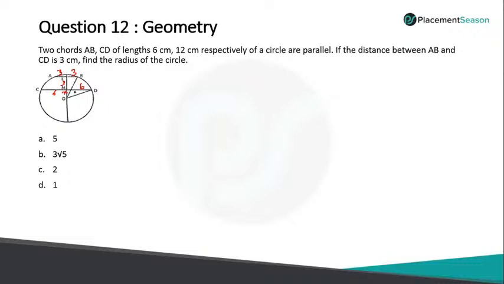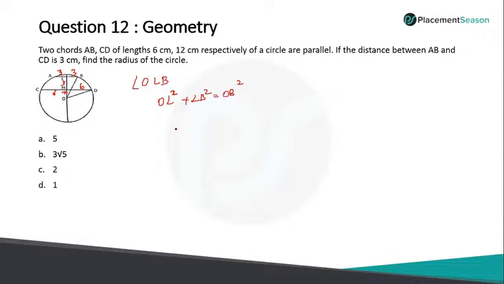I've already fixed the variable numbers and variables here, so I don't want to waste much time on writing this. Let us directly take angle OLB. In angle OLB, you can apply the Pythagoras theorem here. So OL square plus LB square is equal to OB square.